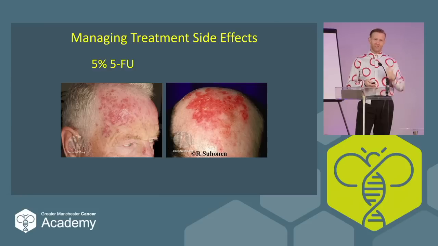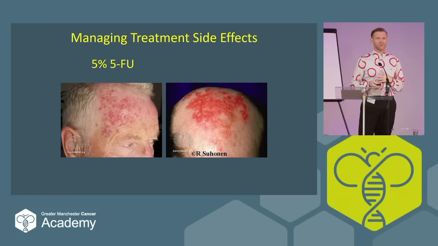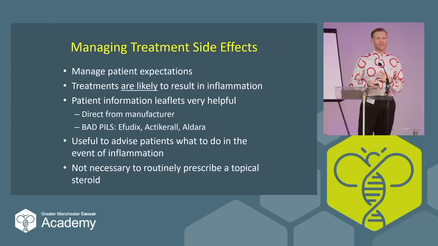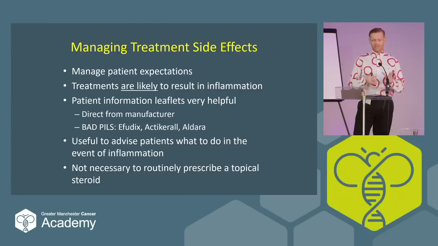And again, the patient on the right has obviously lost their hair and will have had some sun damage over the lifetime as a result of losing their hair earlier in life. So it's important really to manage patient expectations when you're treating actinic keratoses. The treatment is likely to result in inflammation, whichever treatment you have chosen.